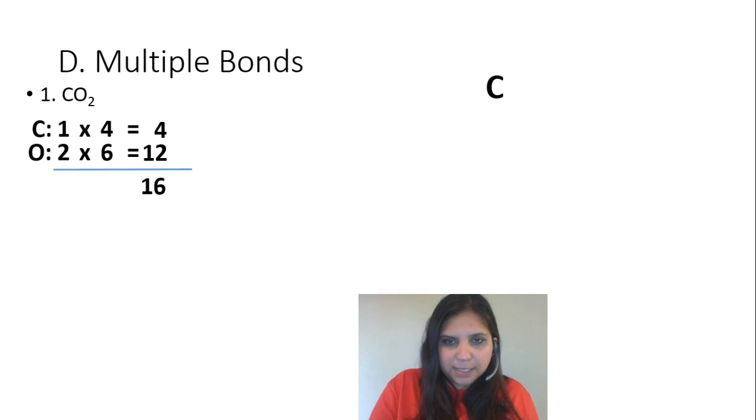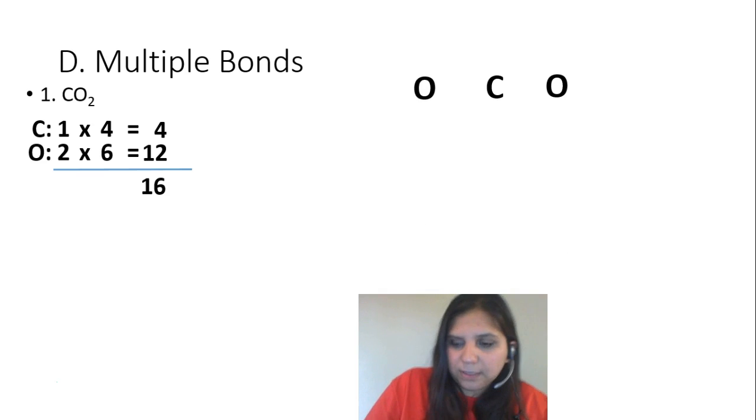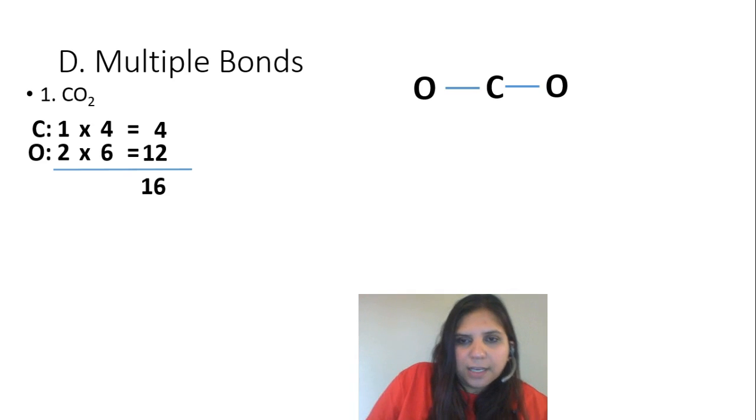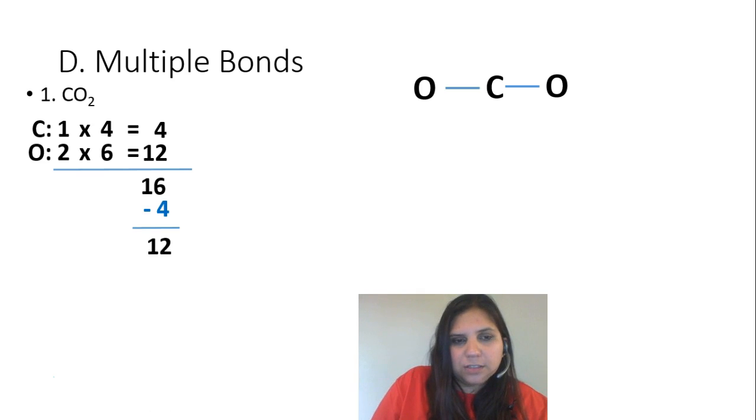CO2, well, carbon's got to be in the middle, and then oxygen around it. So I'm just going to put them evenly around it. Next step is to draw a single bond to the outside atoms. That's 2 for this one, 2 for that one. That's 4 electrons that I've used, leaving me with 12 electrons.